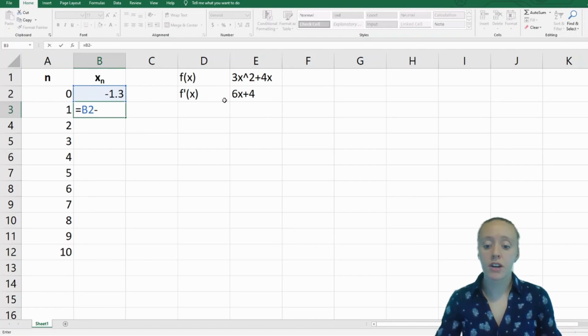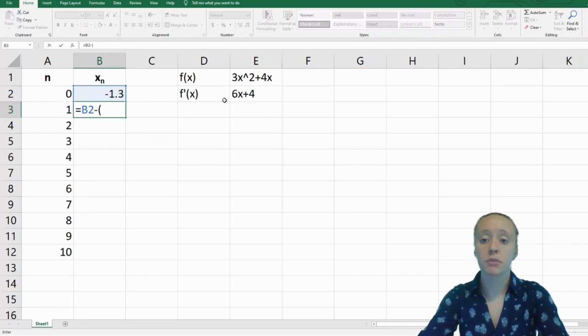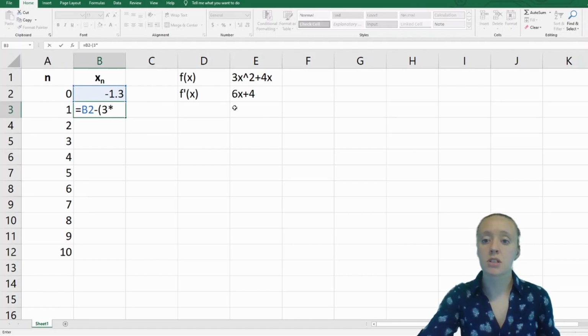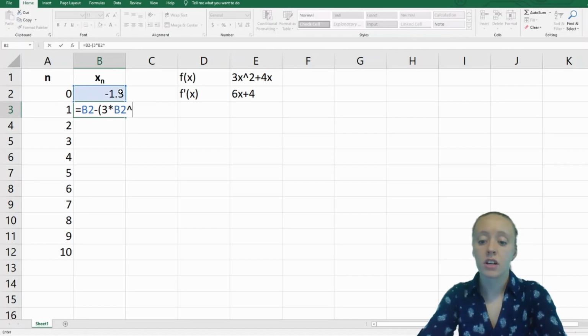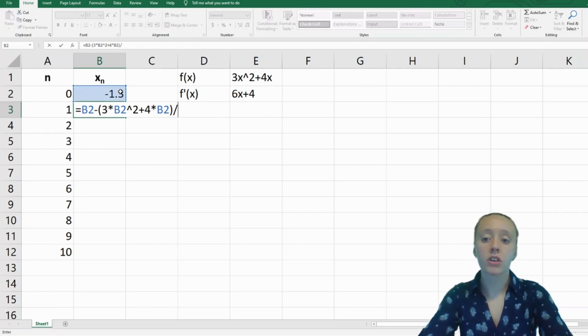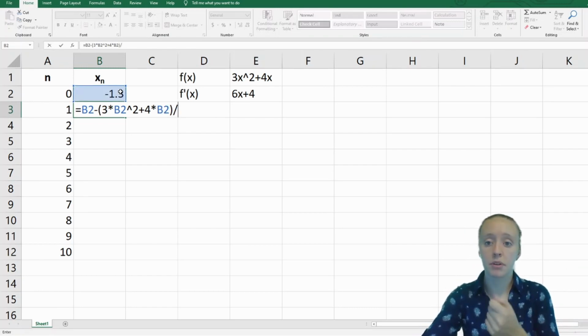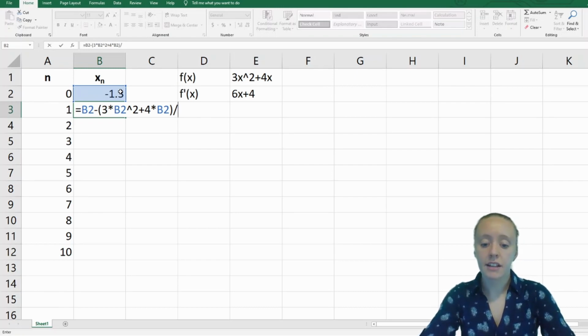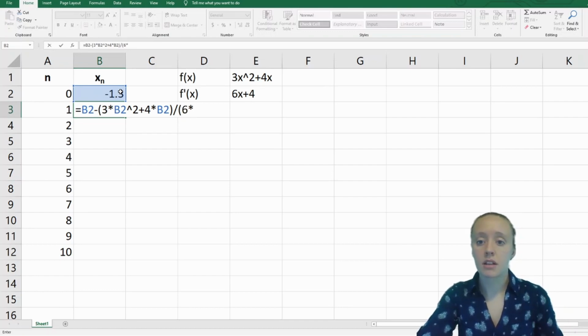So my function values, that's going to be, making sure I have it in parentheses, 3 times the previous cell squared plus 4 times the previous cell, all over the derivative using that previous cell value for my x. That's going to be, making sure it is also in parentheses, 6 times that previous cell plus 4.